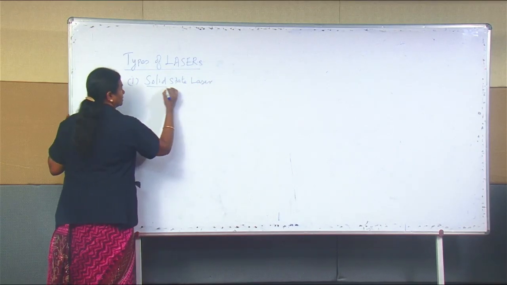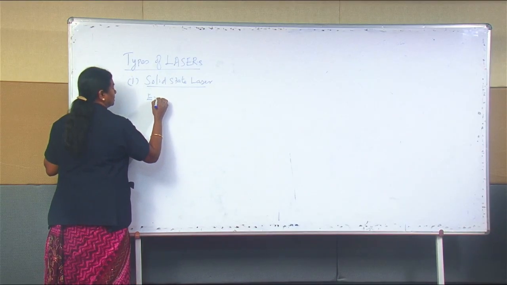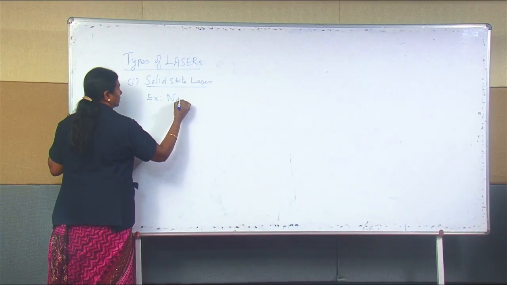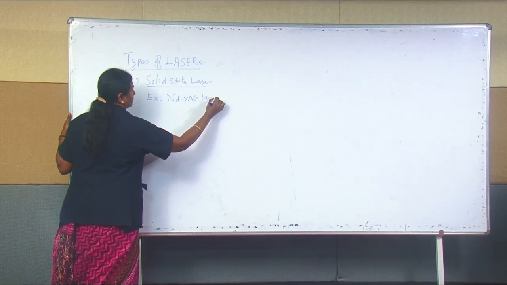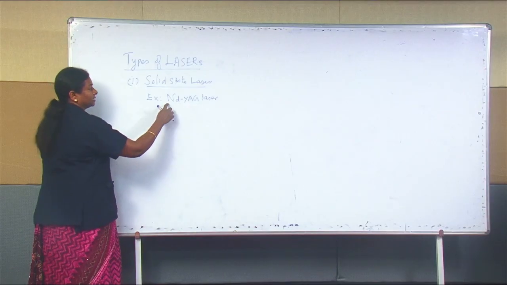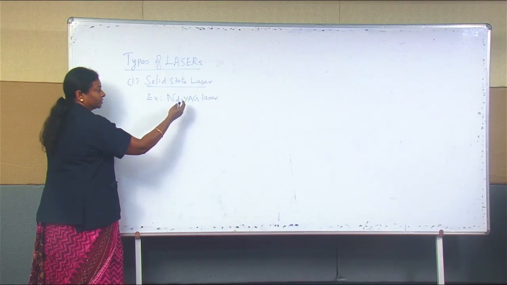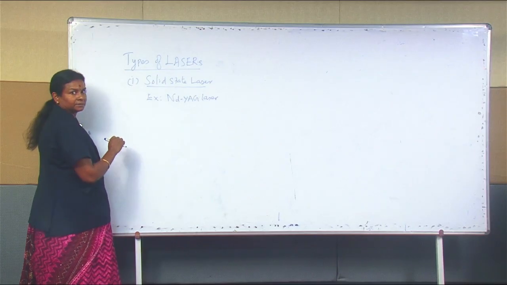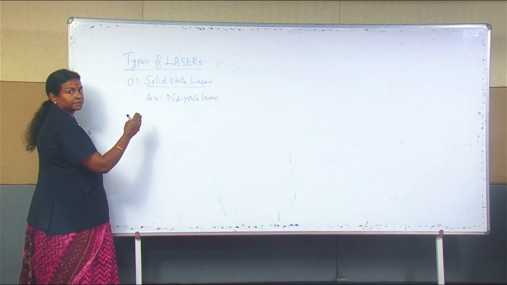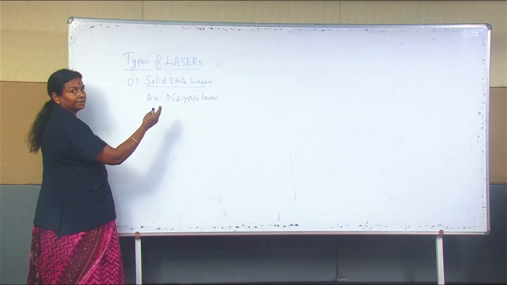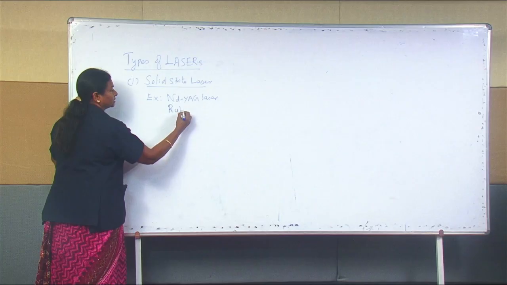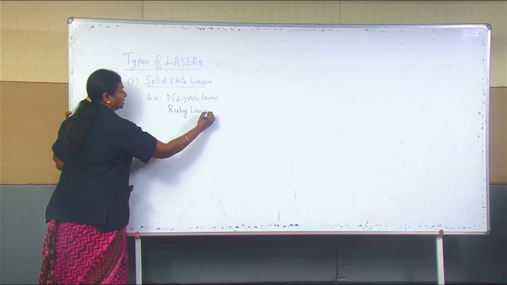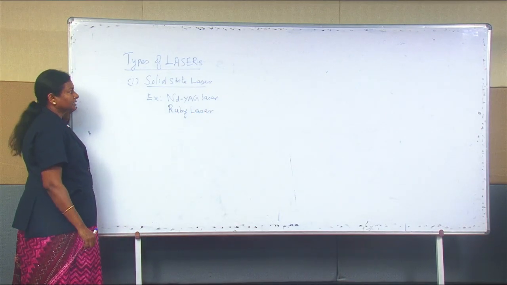For solid state laser, if you see the example, Nd:YAG laser. So this Nd:YAG stands for neodymium yttrium aluminum garnet. Okay. So Nd:YAG laser stands for neodymium yttrium aluminum garnet laser. And next example, the known example, is nothing but our ruby laser. Okay. So these are all the examples for the solid state laser.